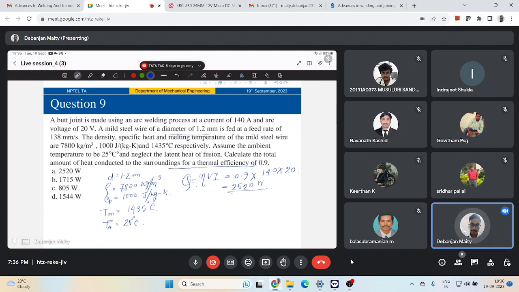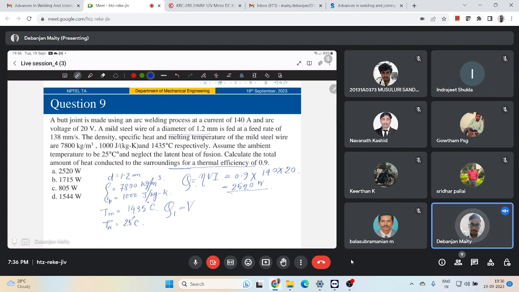Then how much amount of heat will be required to melt the weld metal? So let's just mention it as Q1. You can think of it like this.